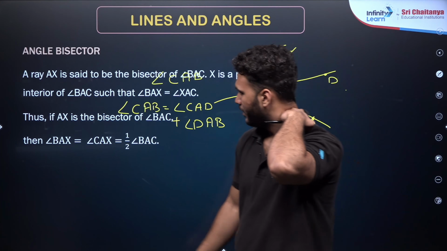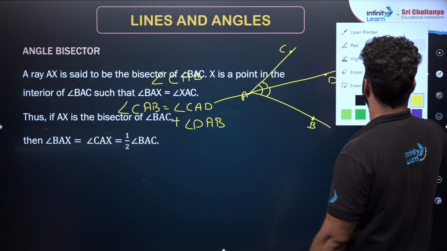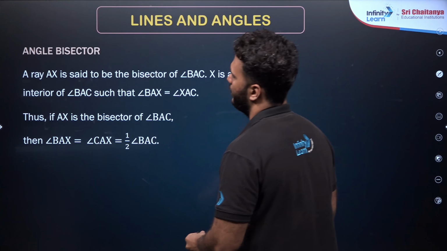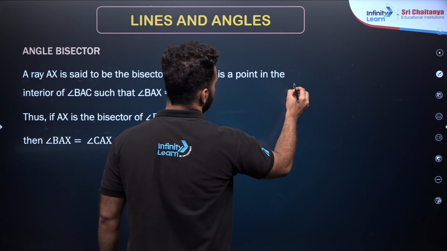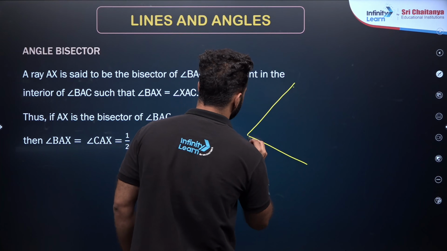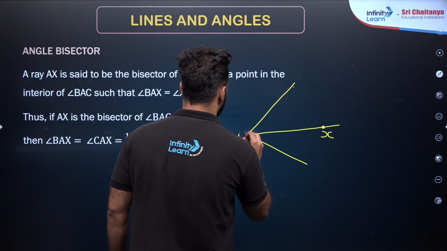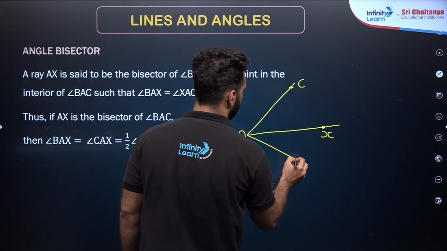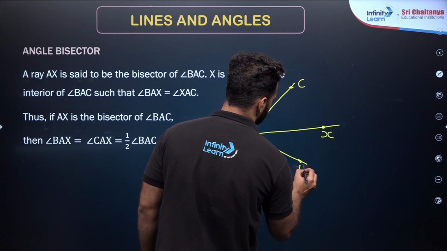You can read BAX. Let a ray AX be said to be an angle bisector of BAC. Instead of D they are using X, a capital X, because mostly in mathematics we denote points using capital letters.